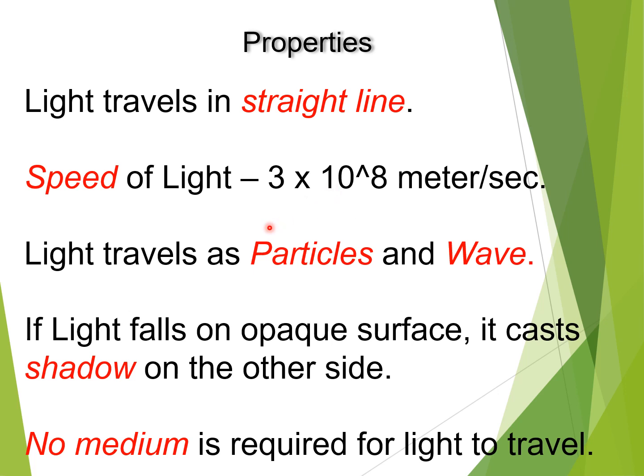Third, light travels as particles and wave. Fourth, if light falls on an opaque surface, it casts a shadow on the other side because light travels in a straight line, so it cannot pierce the opaque surface and we get a shadow. And last, no medium is required for light to travel.